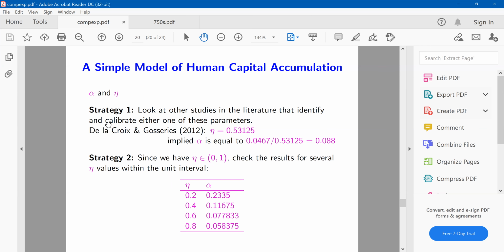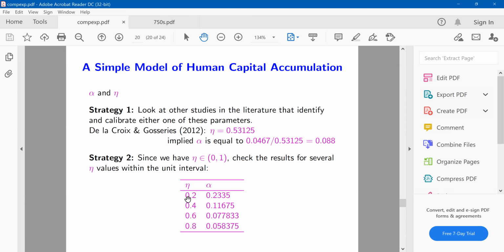So one strategy is to look at other studies, and guess what? Well, we have this nice study, Delacroix and Gosserias, 2012, and they actually have a value for eta for developed economies. So if you accept this as the true value of eta for the US as well, then you have some idea about what alpha is equal to. Okay, so that's the additional information you have.